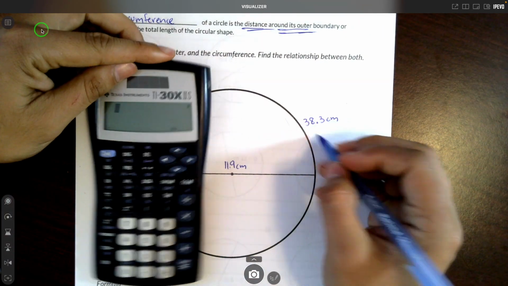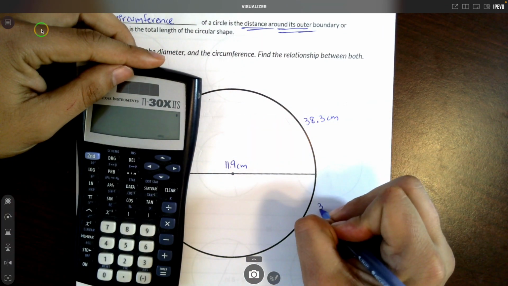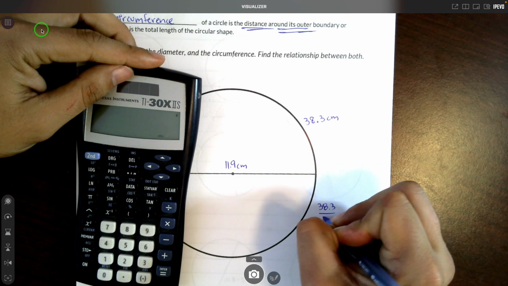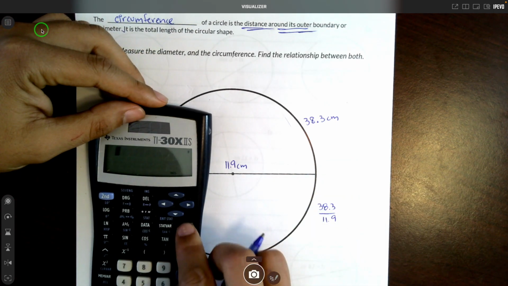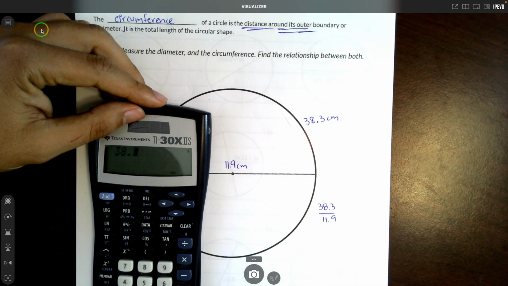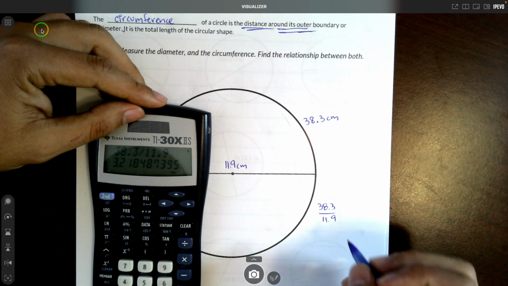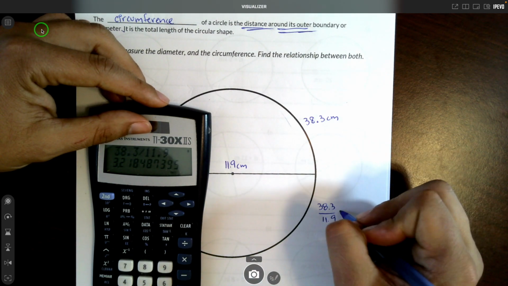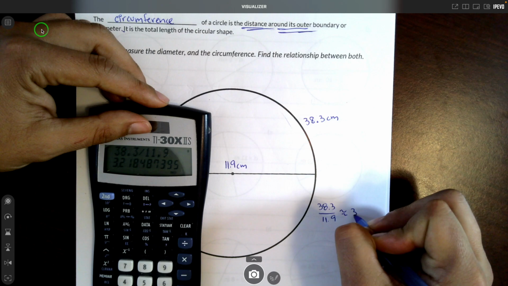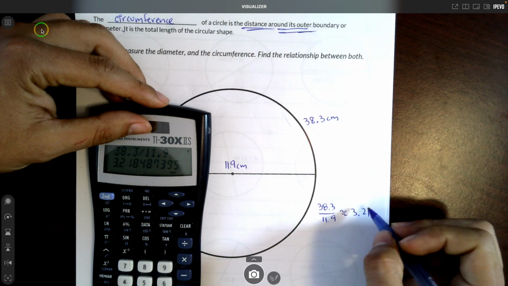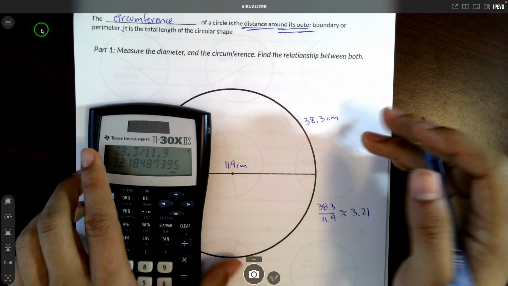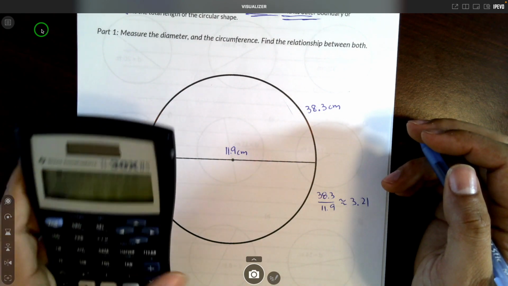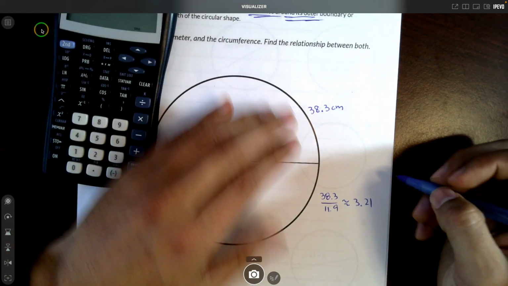So let's see. 38.3 divided by 11.9 equals, pretty close. It's about 3.21.